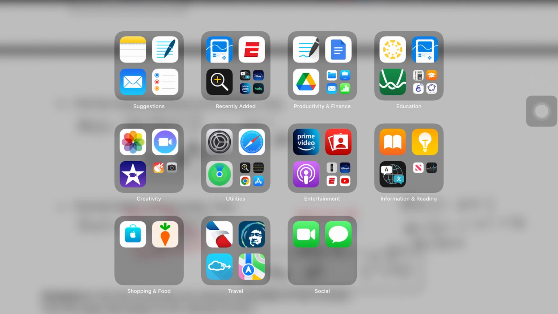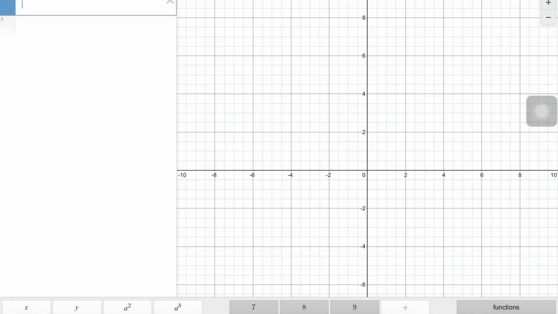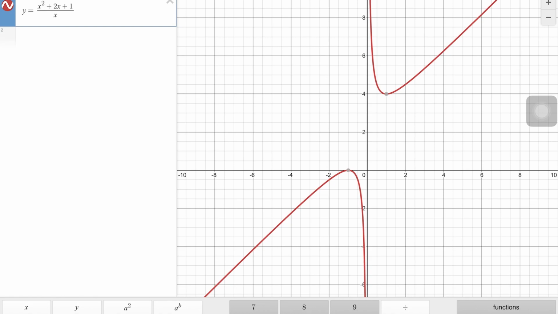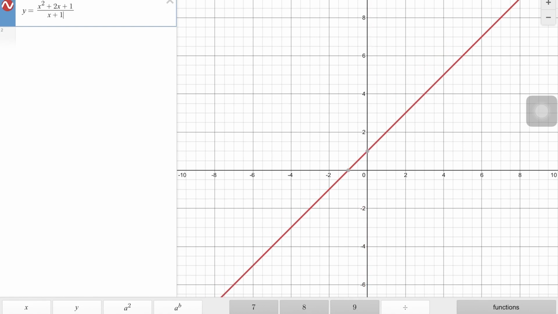We're going to graph both functions so you guys can see what I mean by this. Let me make a division here.